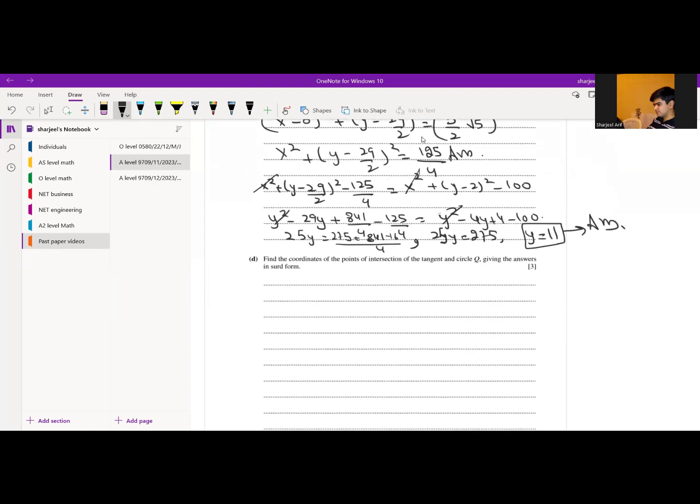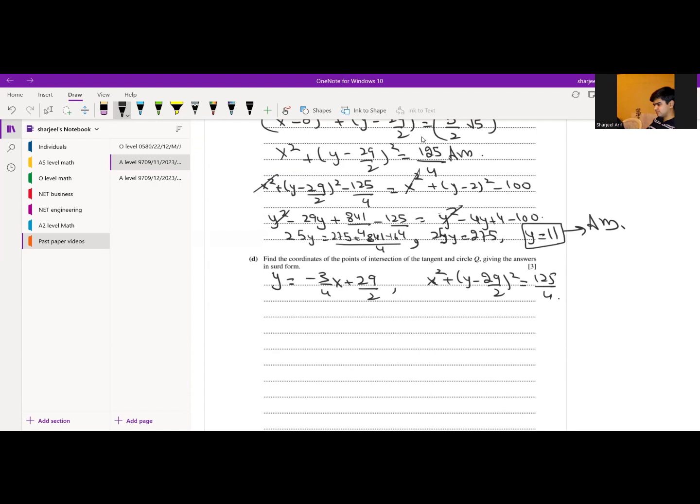For part D, we have to find the coordinates of the point of intersection of the tangent and the circle and give your answer in surd form. So the equation of tangent was y equals minus 3 by 4 x plus 29 by 2, and the equation of circle was x square plus y minus 29 by 2 whole square equals 125 over 4.